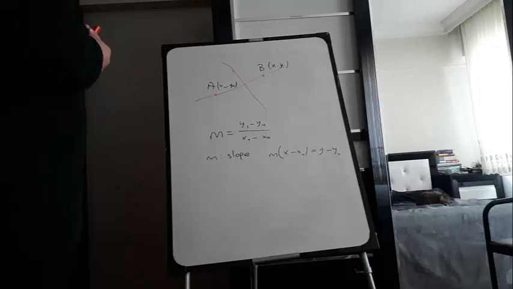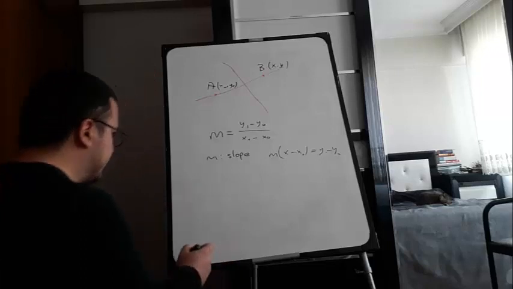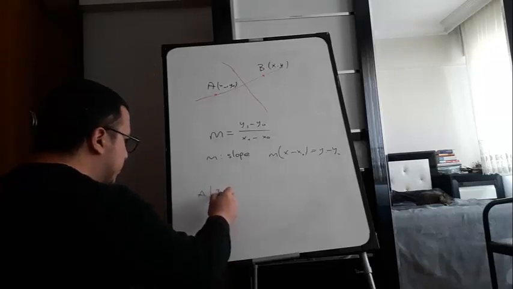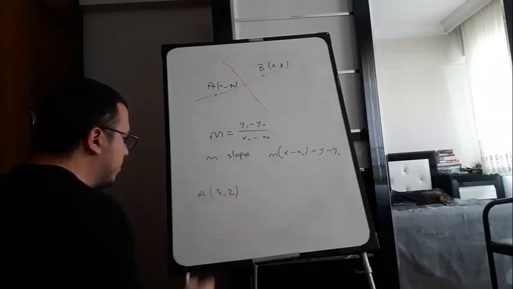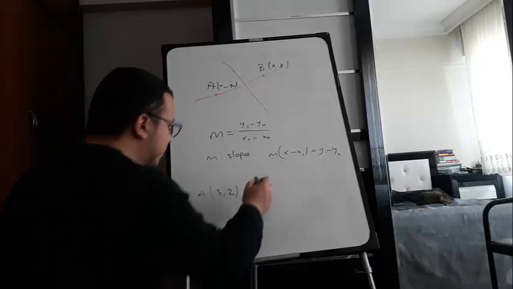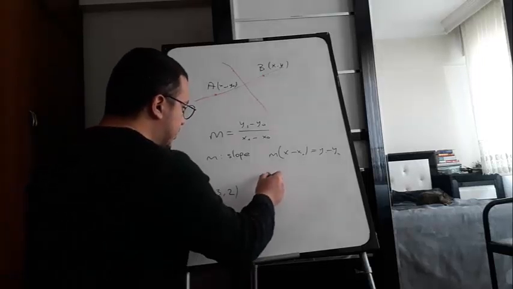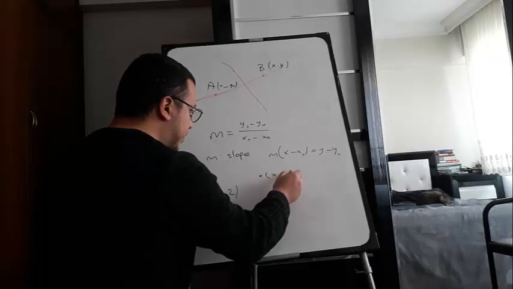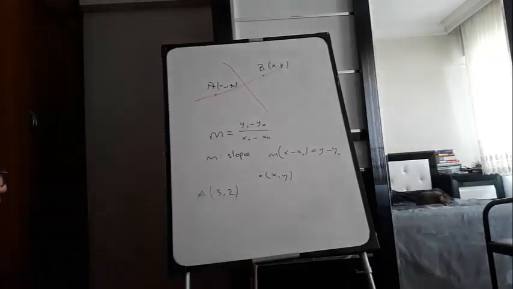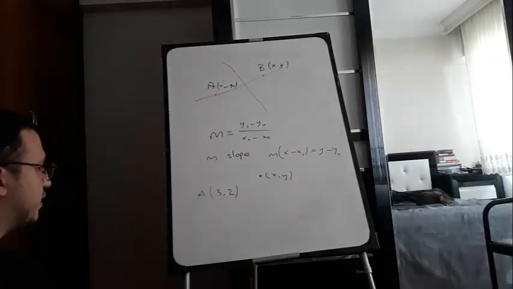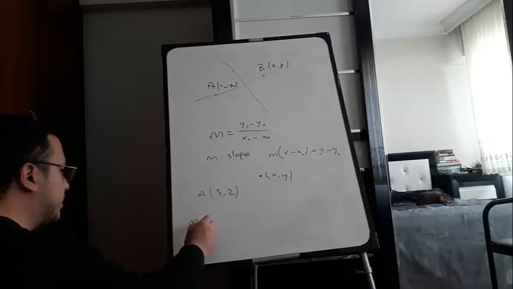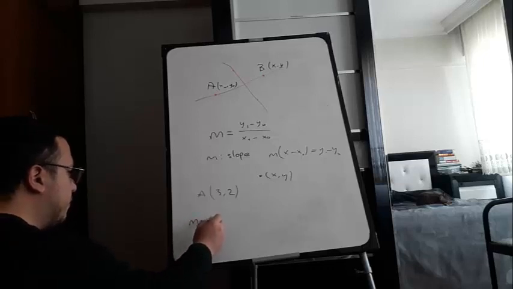Let's have an example about it. For example, point A is 3 and 2, point B is x and y, and we are given that the slope is 1/2.